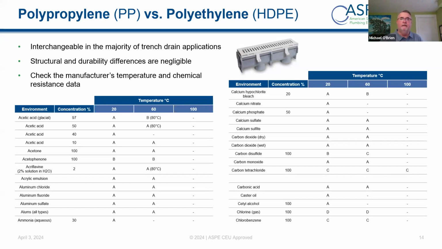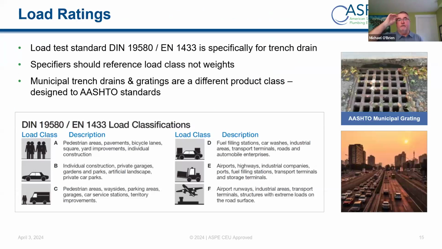But typically, if you look at the cleaning process and get the temperatures and the chemicals, you'll make sure that you're specifying the correct material. So unfortunately, once the drain is set in concrete, it's not easy to replace. So it's always best to get it right the first time.